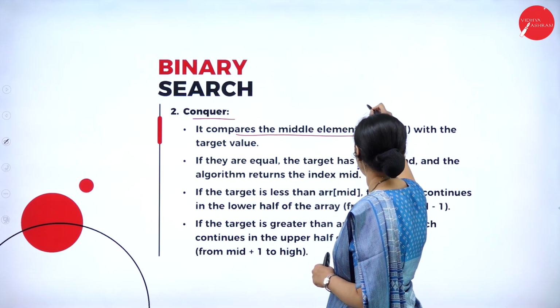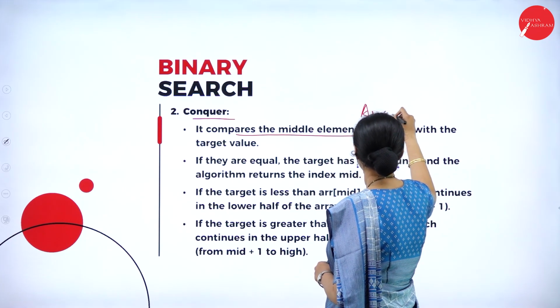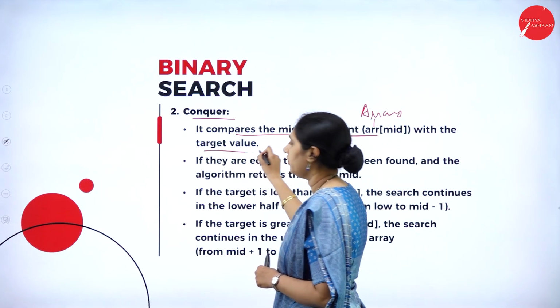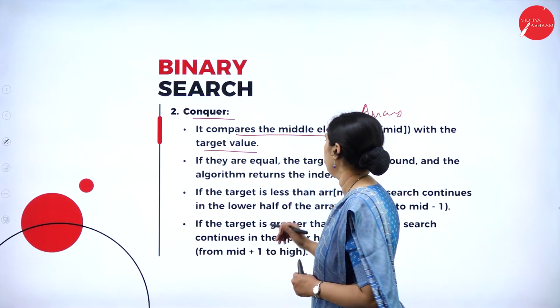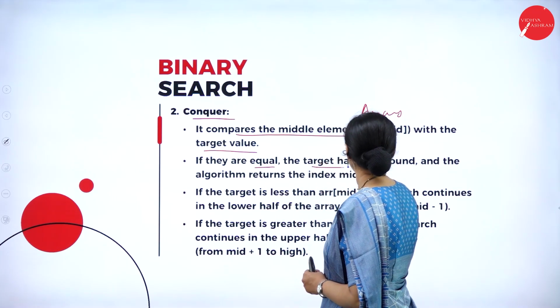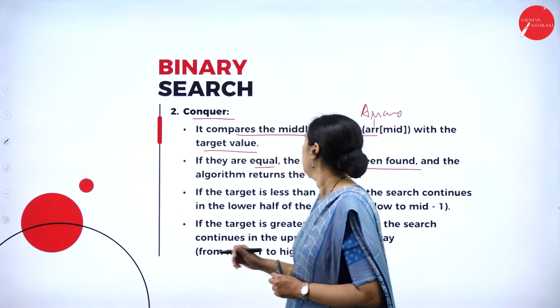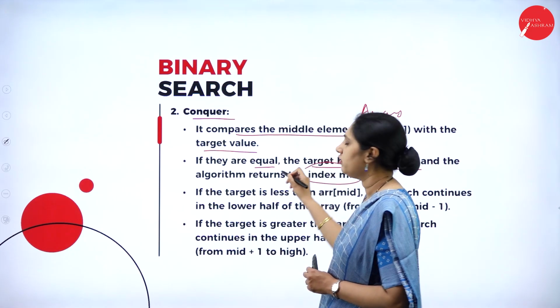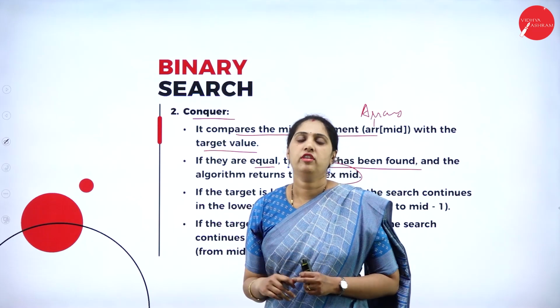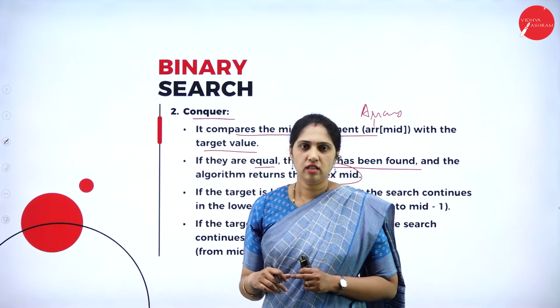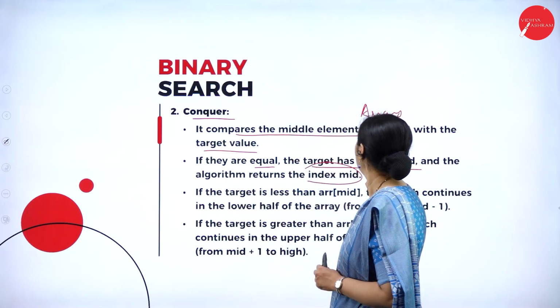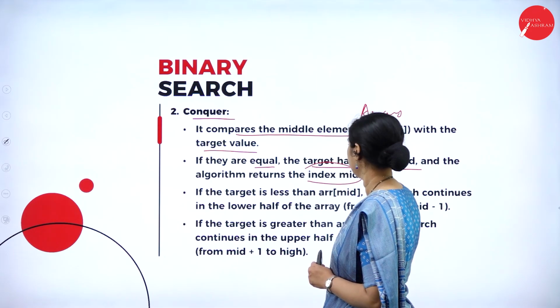It is an array, compared with the target value. If they are equal, then the target has been found. So what will the algorithm return? It returns the index of the mid. So suppose it is 5, my A of mid is equal, then it will return the index, say 5.